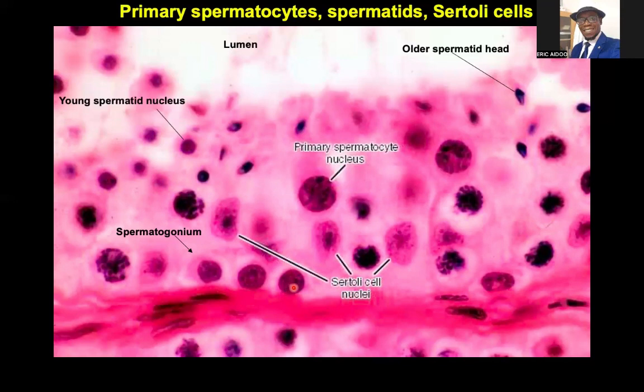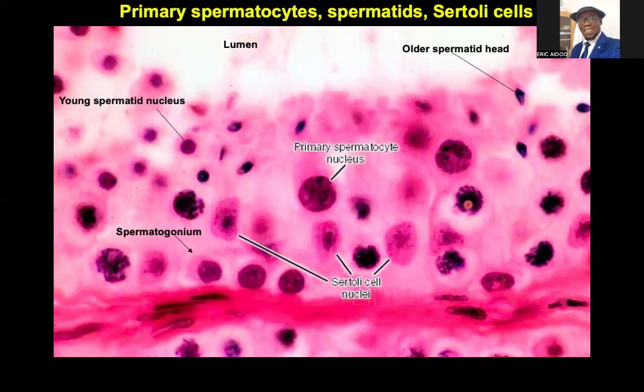When you compare this to that, you realize that this is looking darker than this. This also looks dark. These ones are obviously Sertoli cells, which also look star-shaped or triangular.